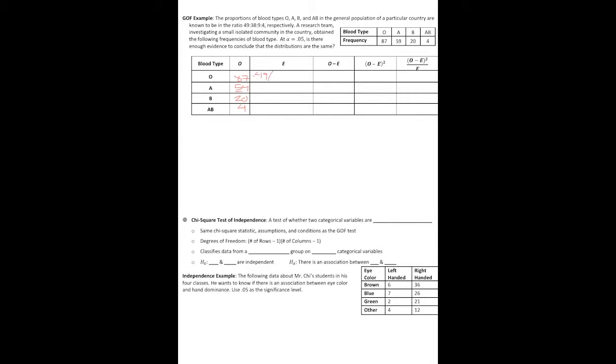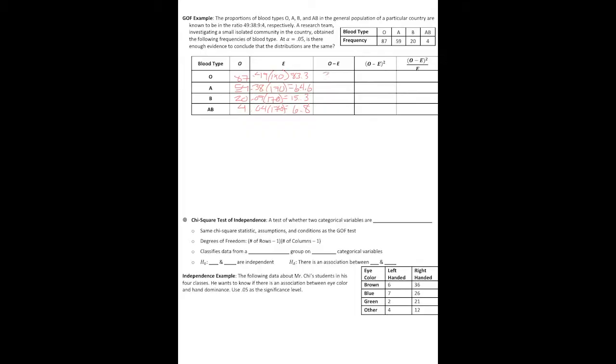So 0.49 times that 170 to give us 83.3. Then our next one would be 0.38 times 170, which will give us 64.6. You continue through your ratios.